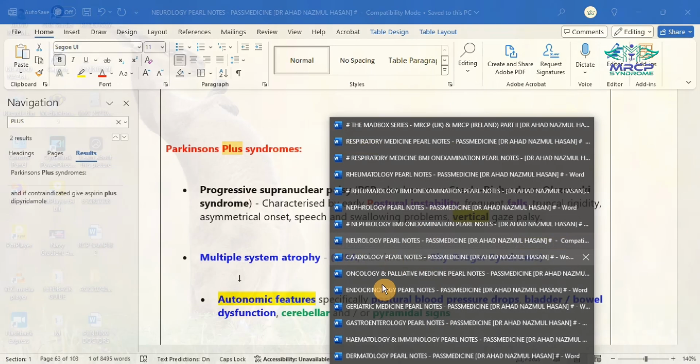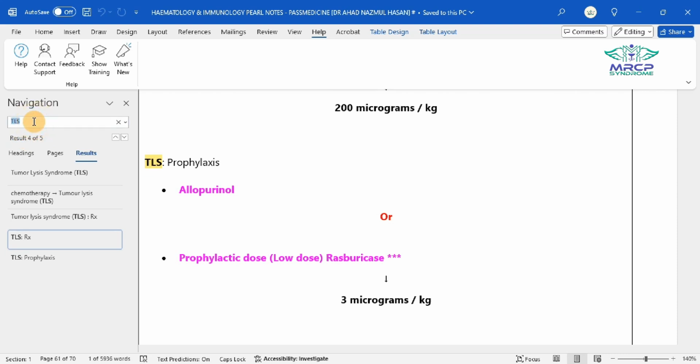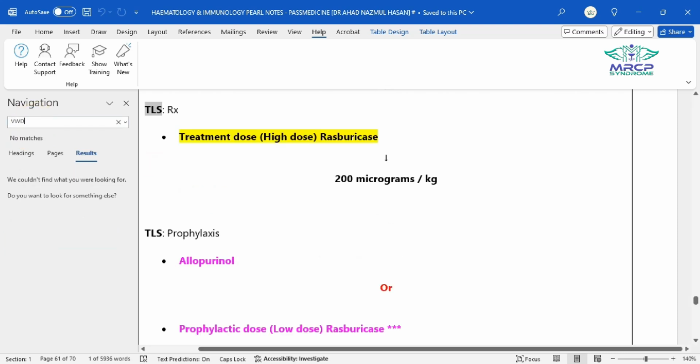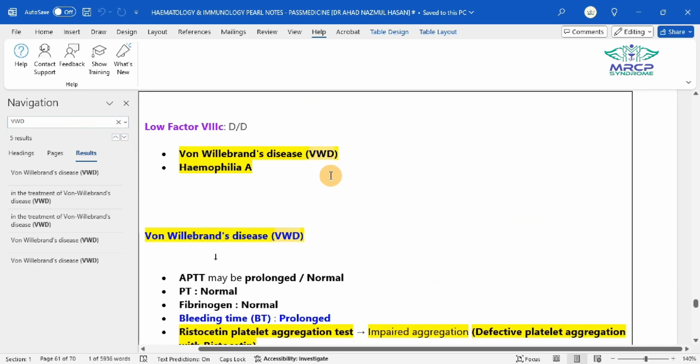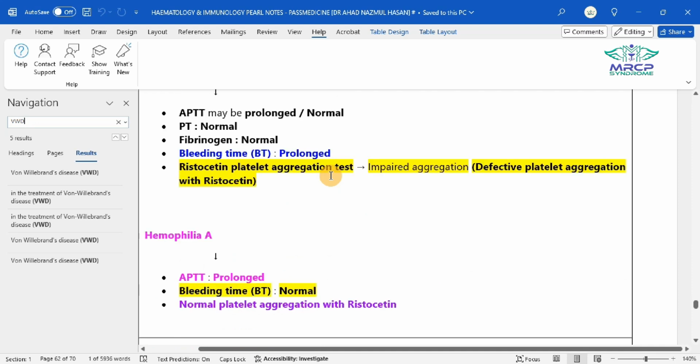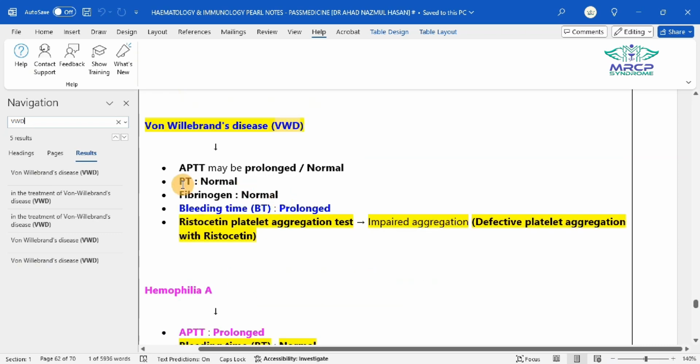How to differentiate between von Willebrand disease and hemophilia? Factor 8 hemophilia will more commonly be seen in a male child. In hemophilia, the APTT will always be prolonged and the bleeding time would be normal. But in case of von Willebrand disease, the PT would be normal, bleeding time would be prolonged, and APTT may be prolonged or may be normal.